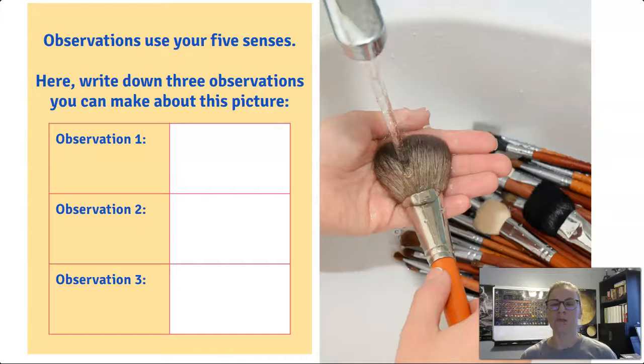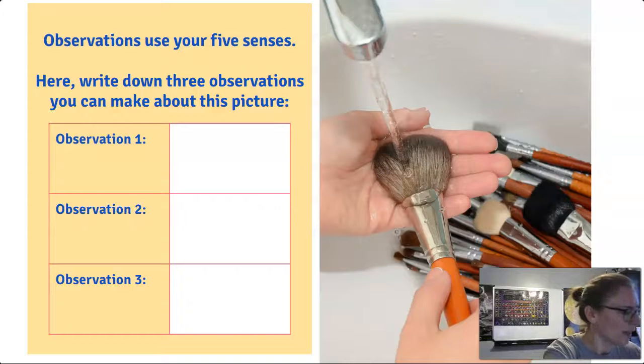Okay, so hopefully you came up with some examples. Here are some that we came up with in class together today. The first one is the observation that we have a person washing the brushes.